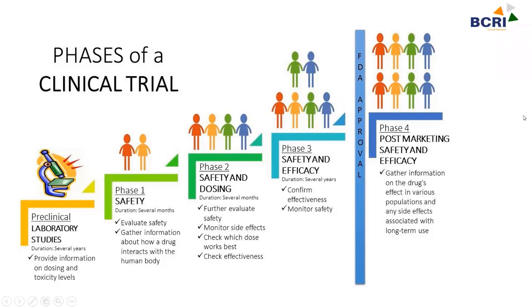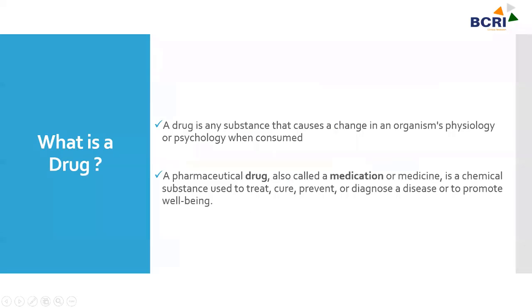Before we go into further details, we need to know what exactly is a drug. Now, a drug is basically any substance that causes any change in the organism's psychology or physiology when consumed.